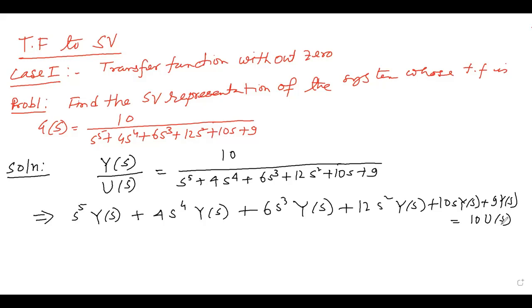Is it all right? Now taking the Laplace inverse, s to the power 5 Y(s) is basically y5, because we know the Laplace transform of df/dt, if there is no initial condition, since we are discussing transfer function, is sF(s).